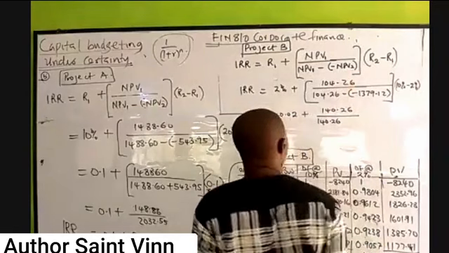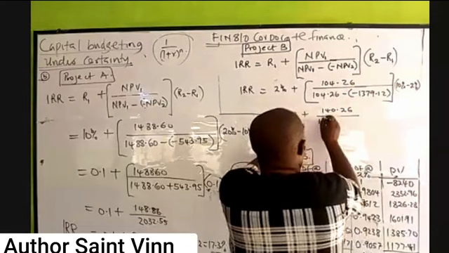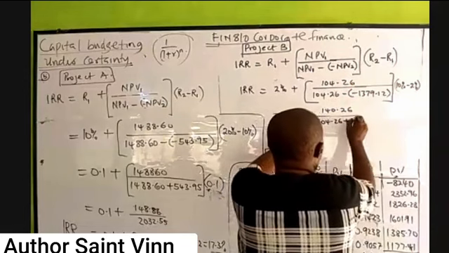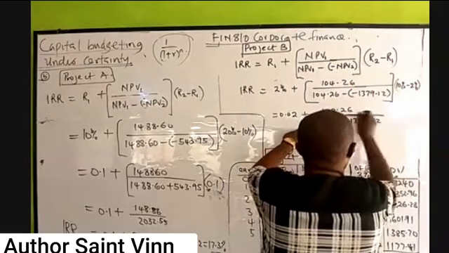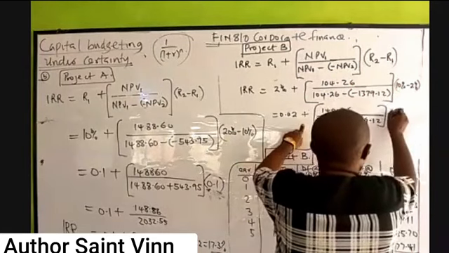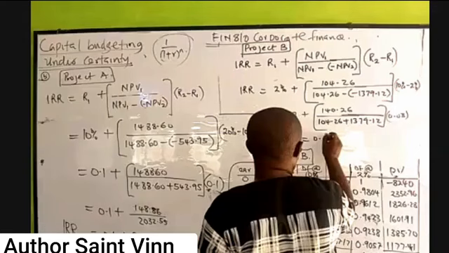Good. So you add this together for us. This is 104.26 plus 1379.12, which is 1483.38, and 0.08.